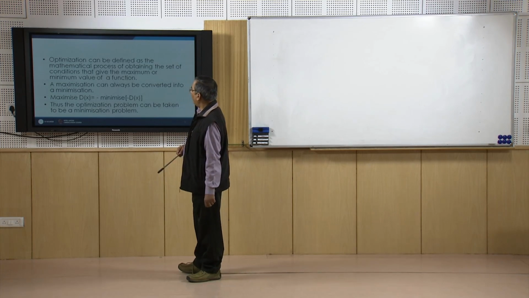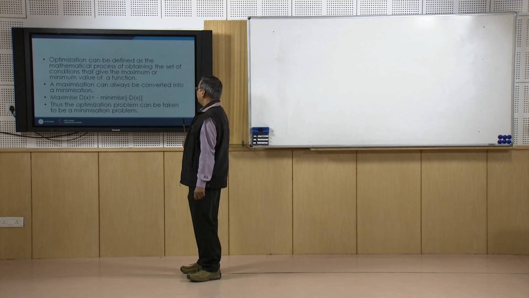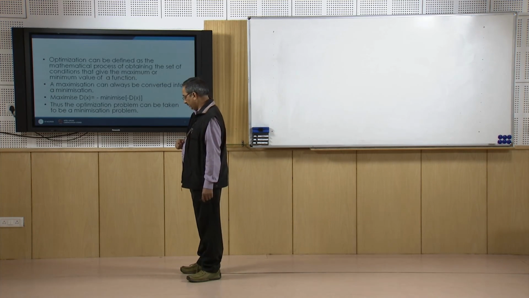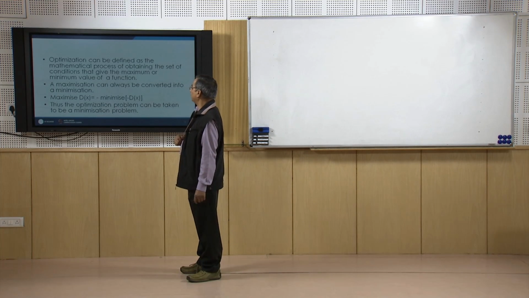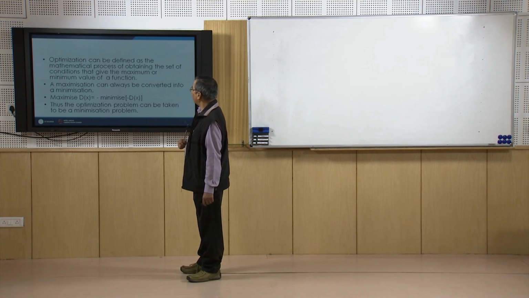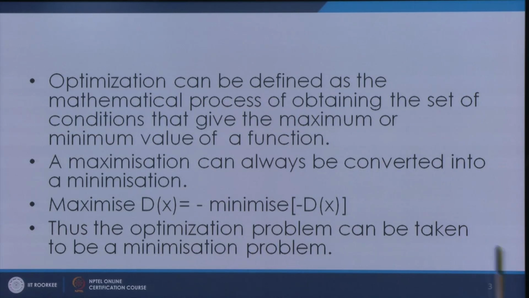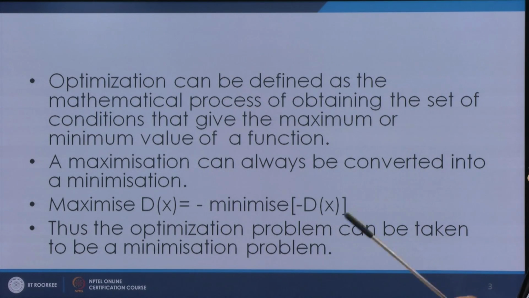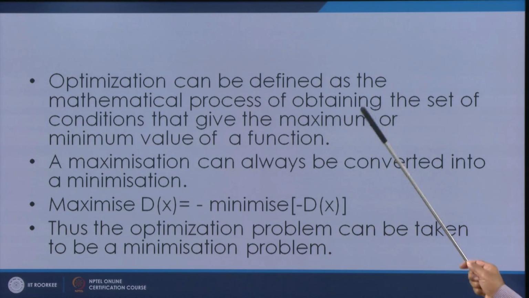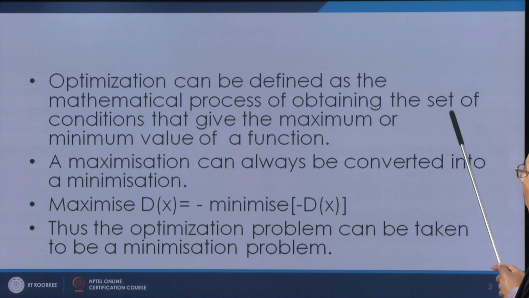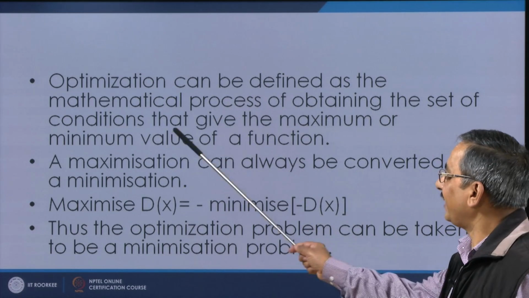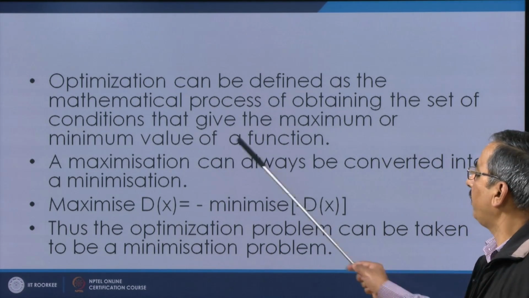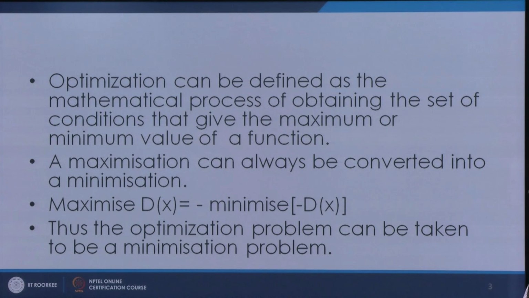So, if you ask for the definition of optimization, it is defined as the mathematical process of obtaining a set of conditions that gives the maximum or minimum value of a function.